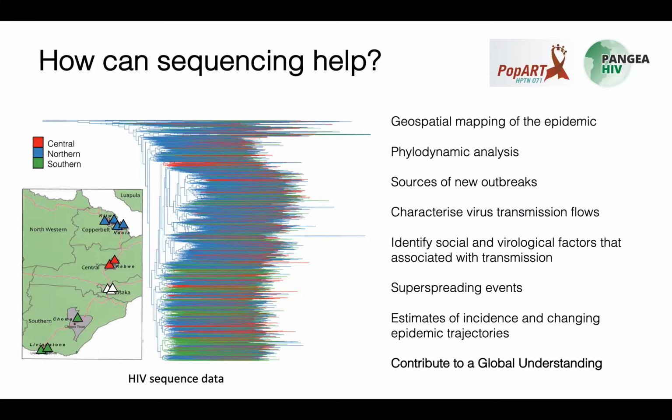And for coronavirus, there's real potential to think about faster ways of identifying super spreading events that you could act on, and to make estimates of incidence and perhaps potentially changing epidemic trajectories without necessarily being able to test enough in your population.